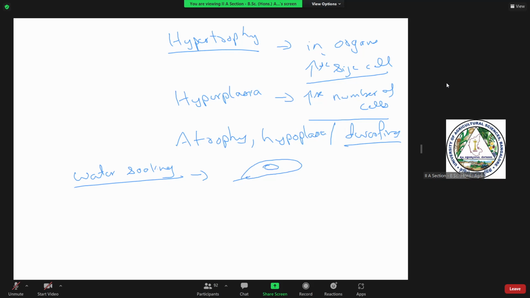Around a particular disease, you will see a lesion which looks water soaked, which is a translucent condition of a tissue due to water moving from the host cells into the intercellular spaces.